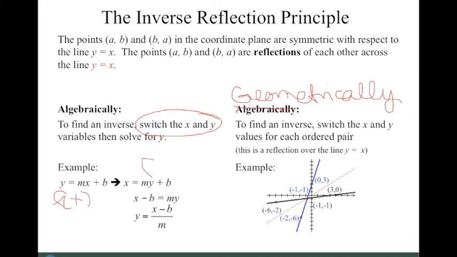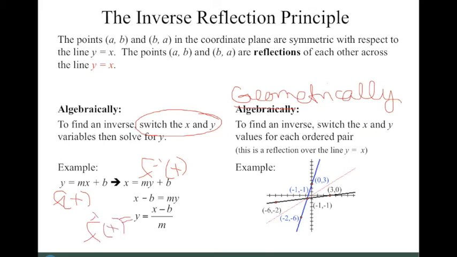All of this is f inverse of x. So we switch x and y. Now we have x equals my plus b. This is a different function. Now we're going to solve for y. So subtract b from both sides, divide by m from both sides, and this is f inverse of x.